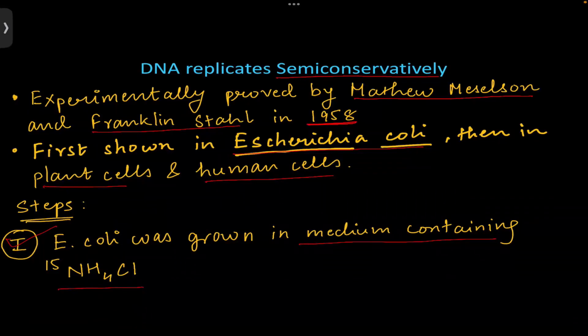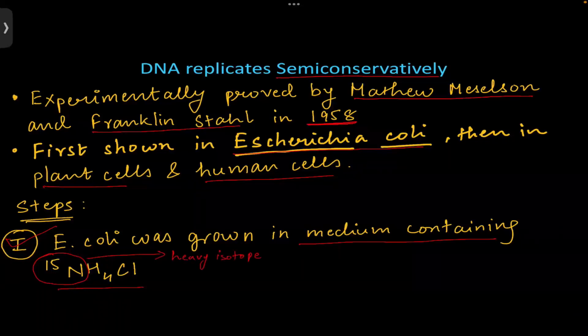This ammonium chloride contained the N15 isotope of nitrogen. Now this N15 isotope is not radioactive. In fact, it is a heavy isotope, heavy in the sense that it is denser than the normally found nitrogen. The normal one is N14.